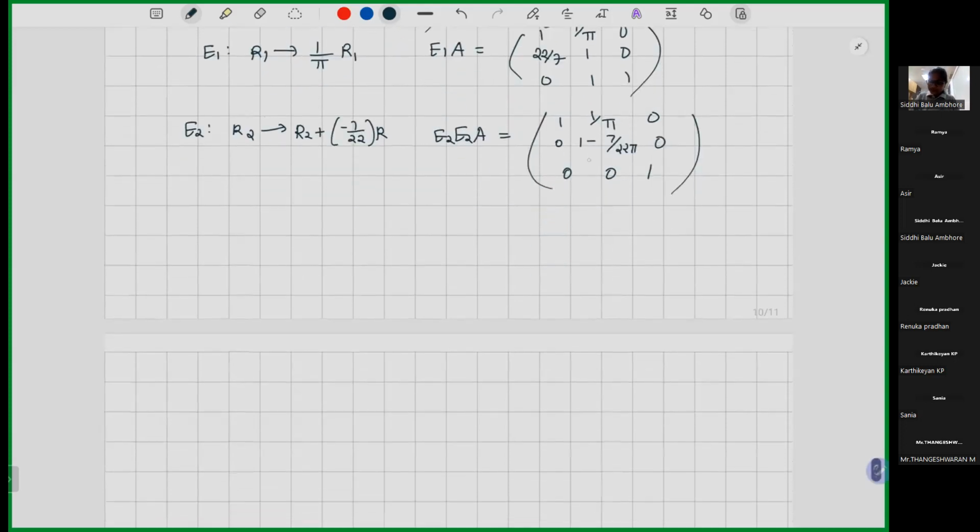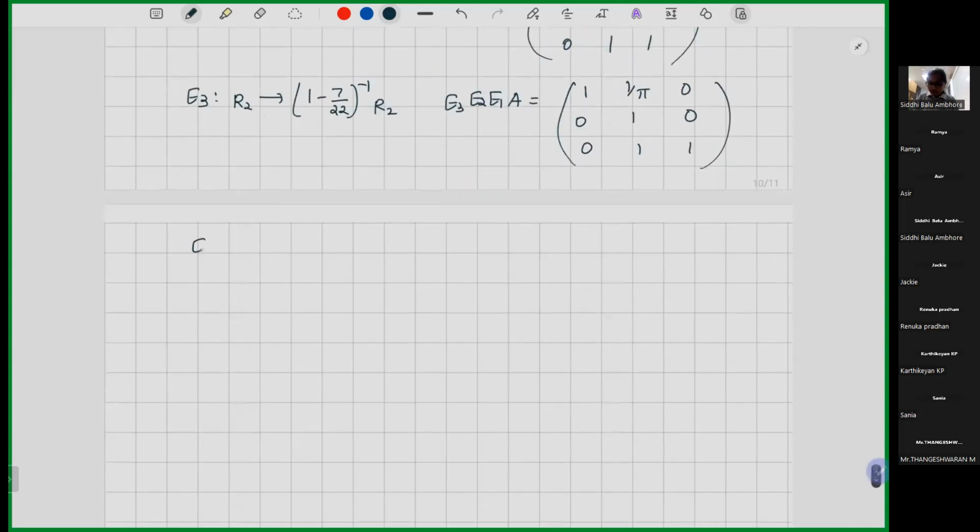Okay, and whatever this number is, I will just multiply this. Here it was 1. E3 is R2 going to this number, 1 minus 7 by 22 pi inverse. Then this E3, E2, E1A is 1 by pi 0, 0, 1, 0, 0, 1, 1.